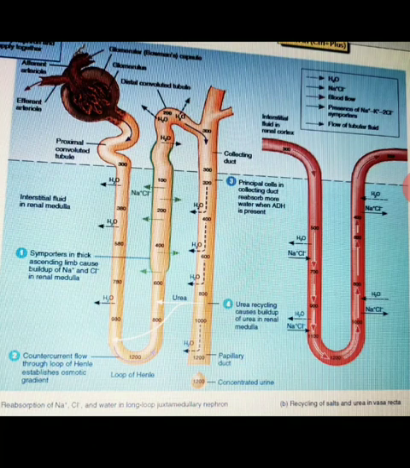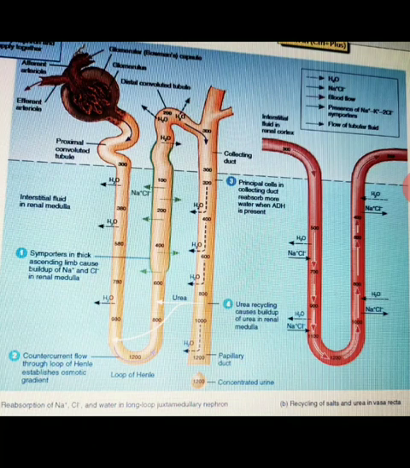First point, symporter present in the thick ascending limb cells of the loop of Henle cause a buildup of sodium ions and chloride ions in the renal medulla. In the thick ascending limb of the loop of Henle, the sodium ion, potassium ion and chloride symporter reabsorb sodium and chloride ions from the tubular fluid.